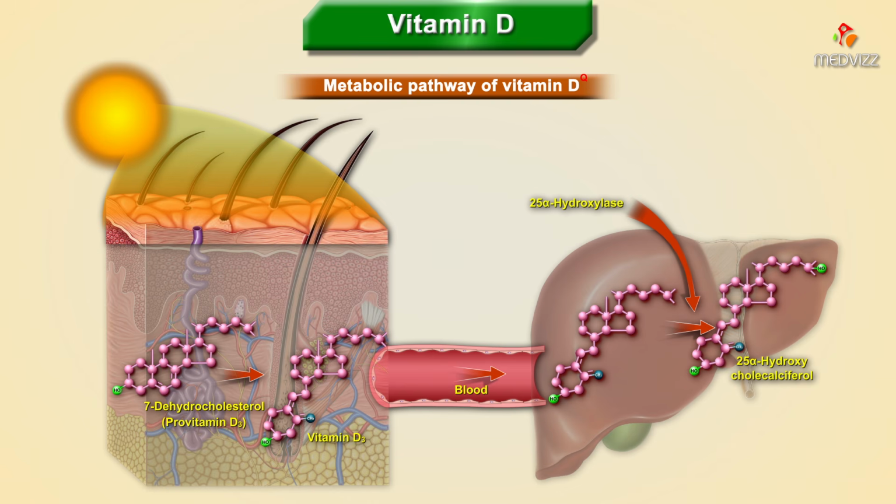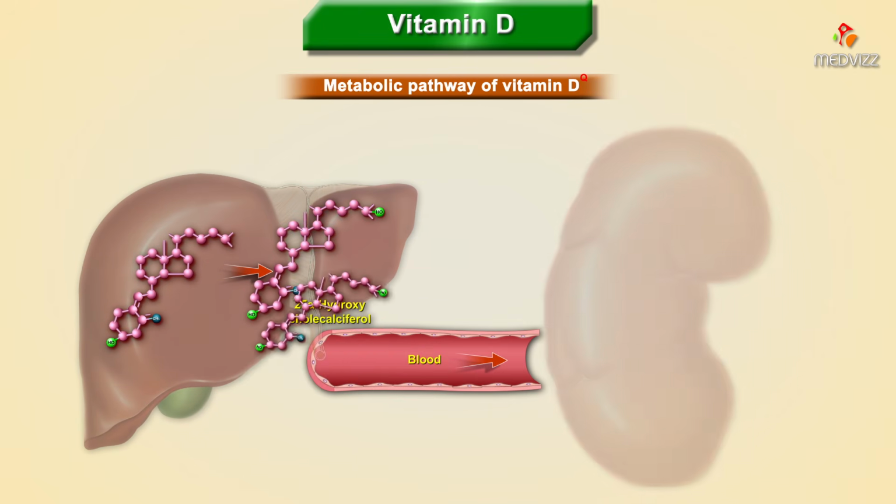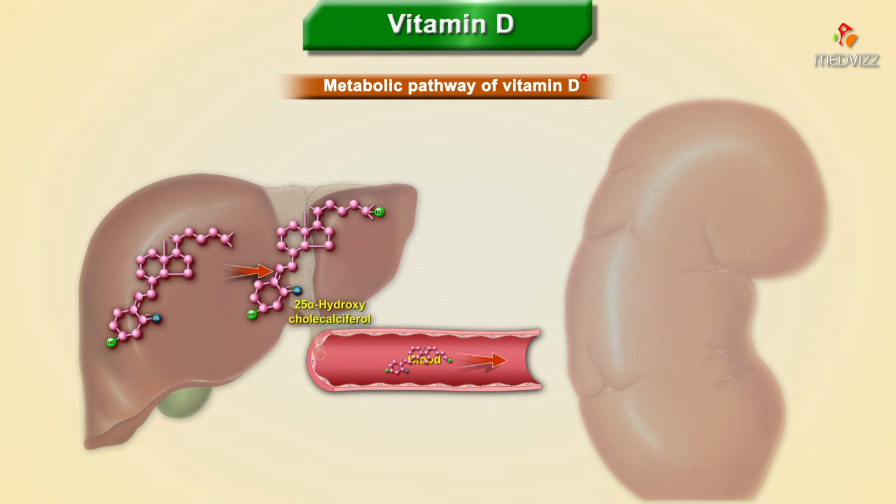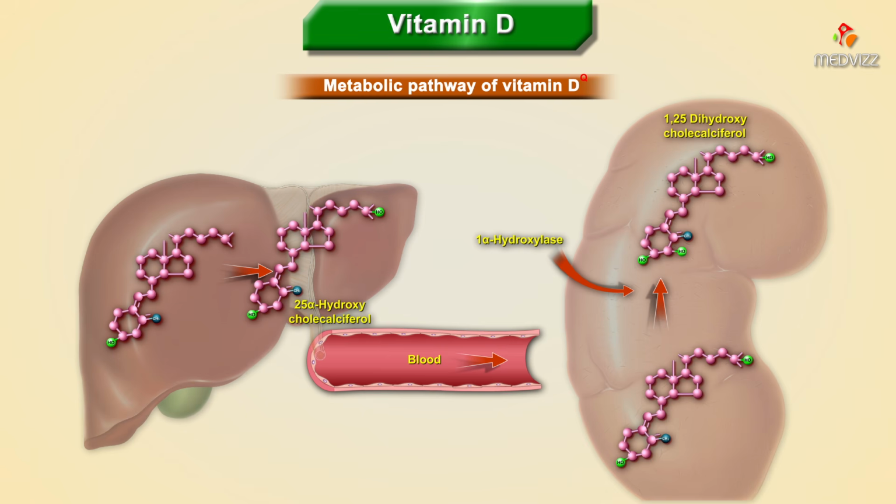It finally gets converted in the kidney by an enzyme called 1-alpha hydroxylase to form 1,25-dihydroxycholecalciferol, which is calcitriol, called the active form of vitamin D.